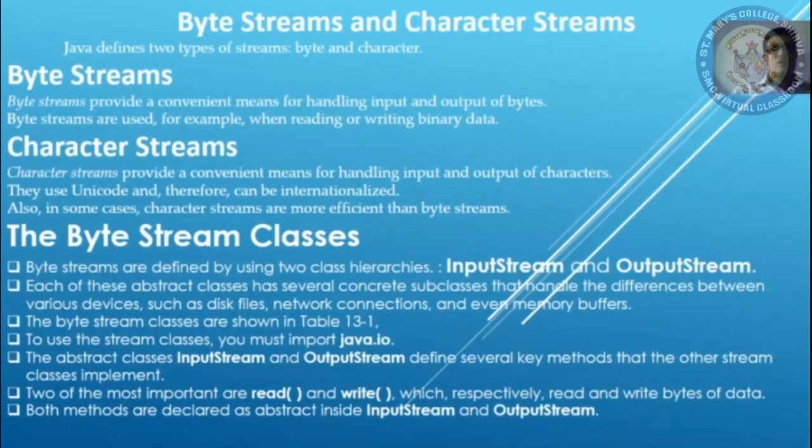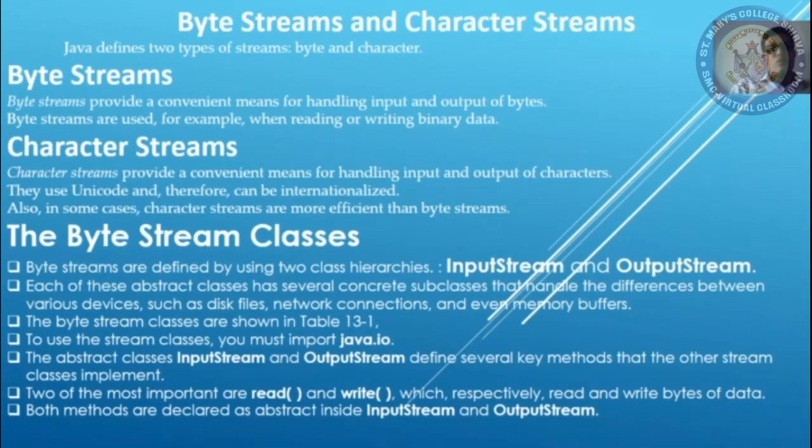To use stream classes, we have to import java.io.*. As we have seen in your interactive program, if you are handling input data, we have to import these packages. The abstract classes InputStream and OutputStream define several key methods that the other stream classes implement.